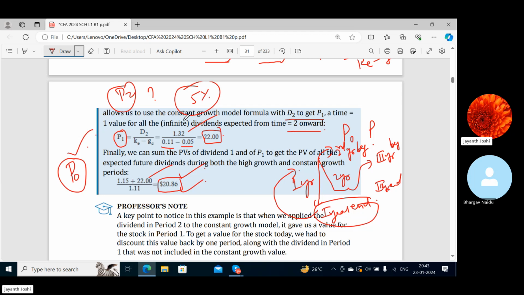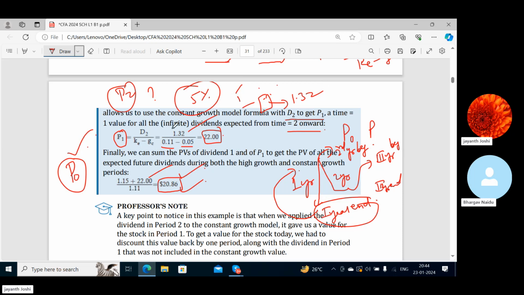With this, we found the first year end stock value. If you want to find the dividend value at the end of year 3, from here you have to find the perpetuity. Are you understanding? Yes. From the first year beginning value we are finding the first year ending value, then the second year beginning value, second year ending value, third year beginning value. Second year ending value of dividend we have, 1.32, but we don't have the stock value.